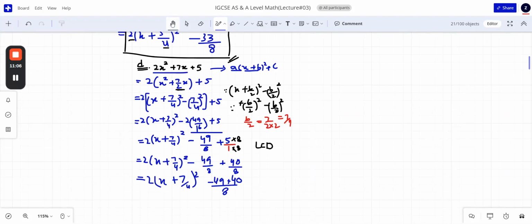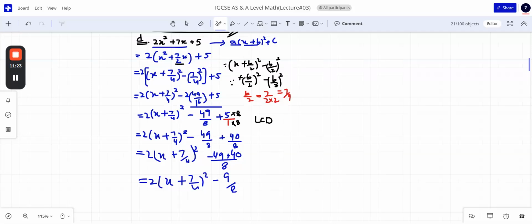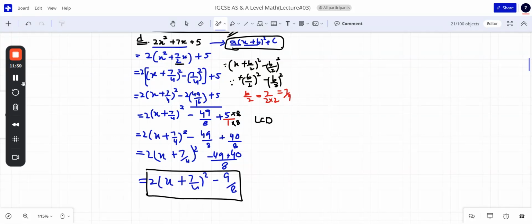At the end, finally, we will get 2 into x plus 7 by 4 whole square, then minus 49 plus 40, which equals minus 9 over 8. This is our required form, which was a into x plus b whole square plus c, where c is the constant value. So we got the same: a is 2, b is 7 by 4, c is minus 9 by 8.